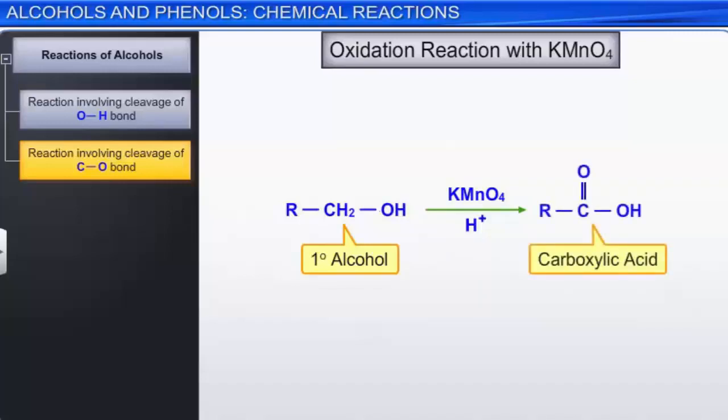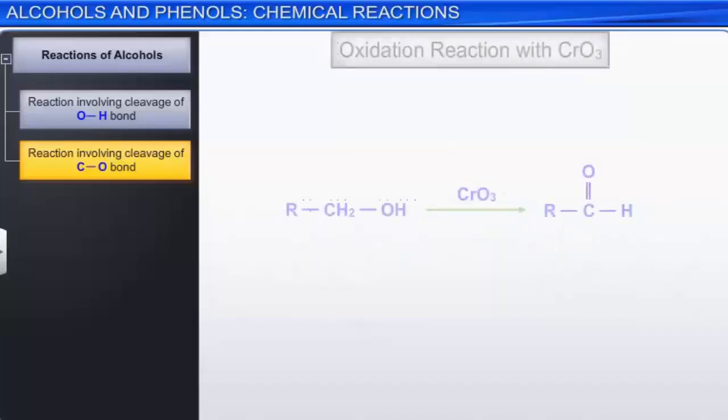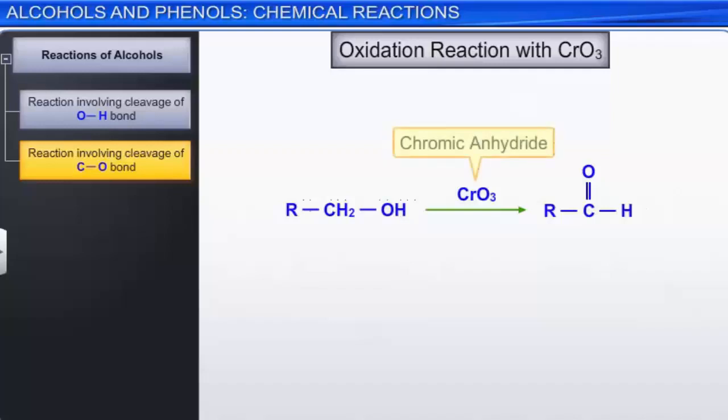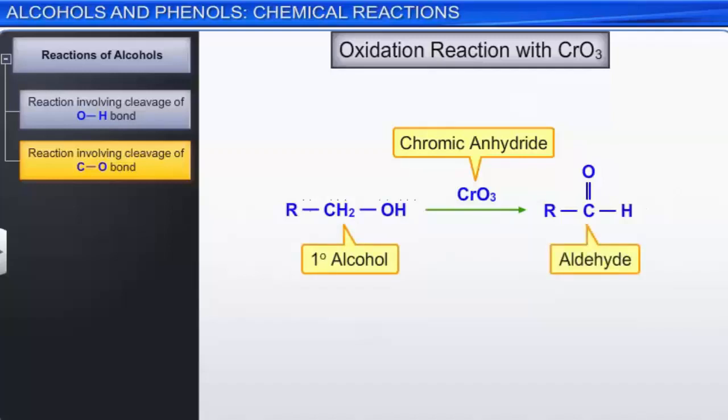Chromium 6 oxide, or chromic anhydride, is another strong oxidizing agent. In anhydrous conditions, it can be used to convert primary alcohols into aldehydes. However, chromic anhydride is highly toxic and environmentally hazardous.